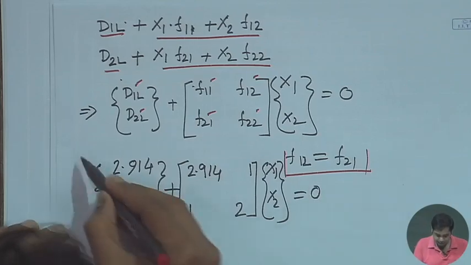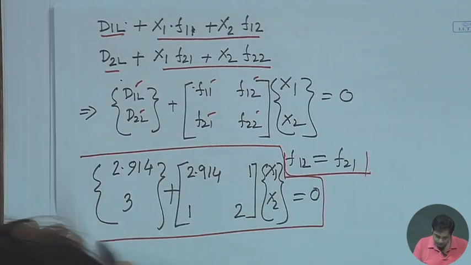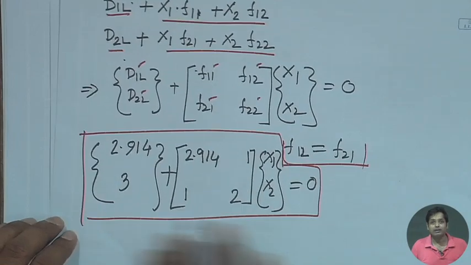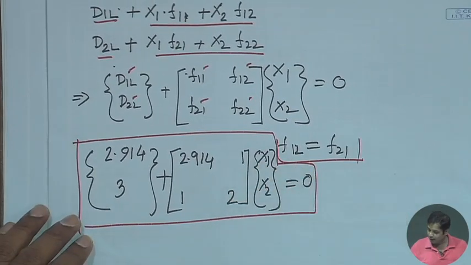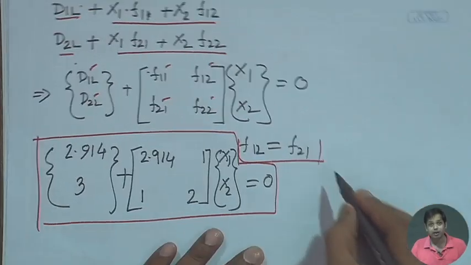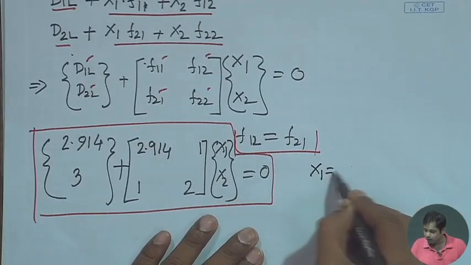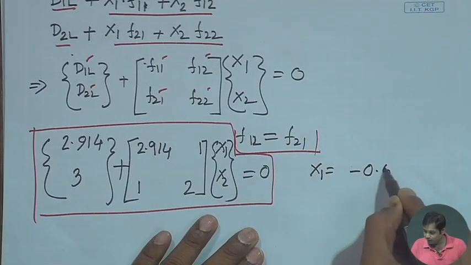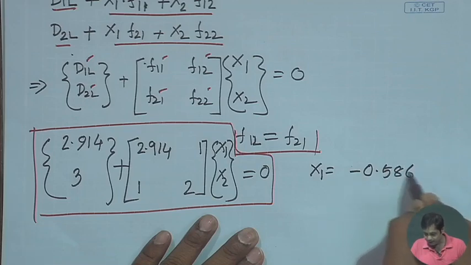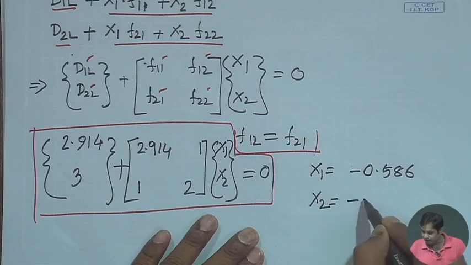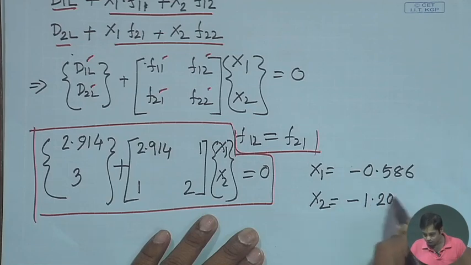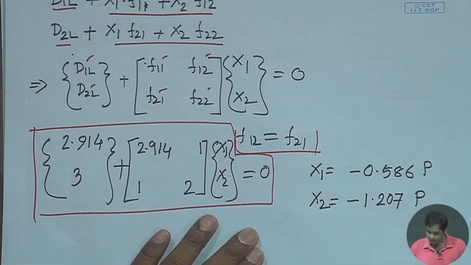This is the flexibility format. Now, we can solve it and determine x1 and x2. What we get is x1 equal to minus 0.586 P and x2 equal to minus 1.207 P.